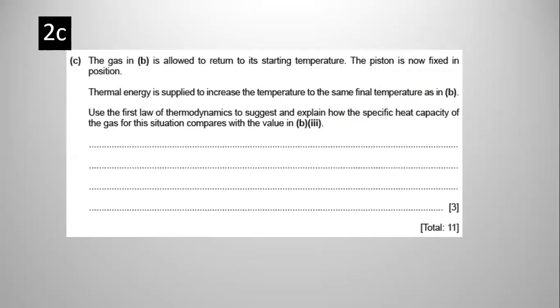The gas is allowed to return to its starting temperature. The piston is now fixed in position. Thermal energy is supplied to increase the temperature to the same final temperature as in part B. Use your thermodynamics to suggest and explain how the specific heat capacity of the gas for this situation compares with that in B part 3.